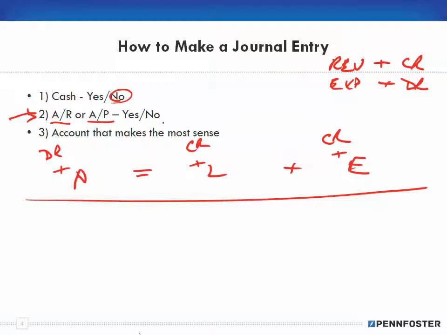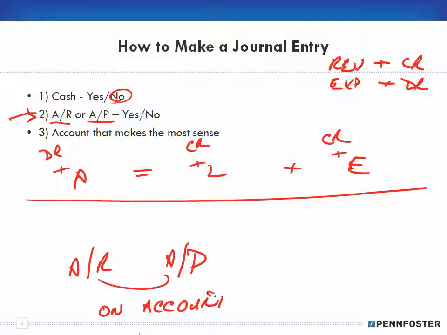Now remember, the terminology you use for both accounts receivable and accounts payable is "on account." If I'm buying supplies on account, that means I'm buying something on credit. If I'm making a sale on account, that means I'm extending credit.